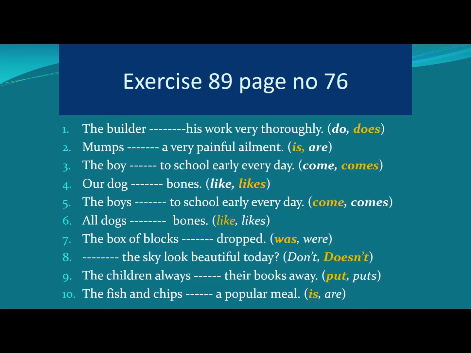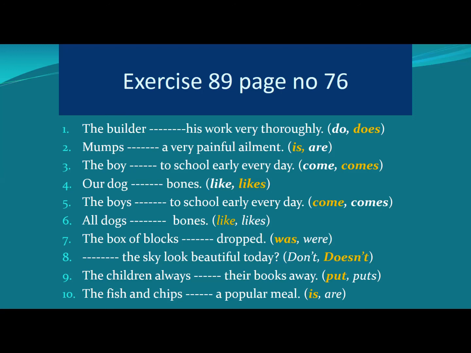Over here the builder is a singular subject. So what will we use? Does. Does is a helping verb which is used with third person singular, not do. Do will be used with plural subjects.